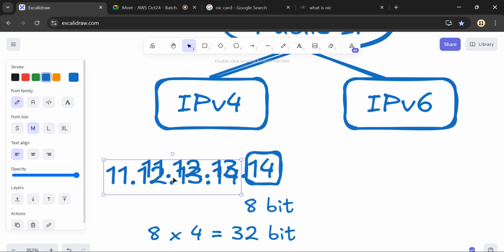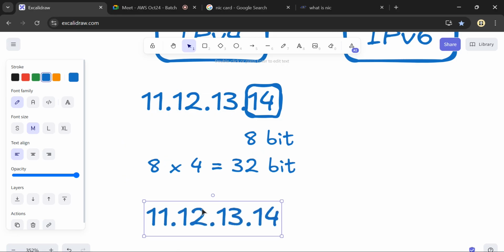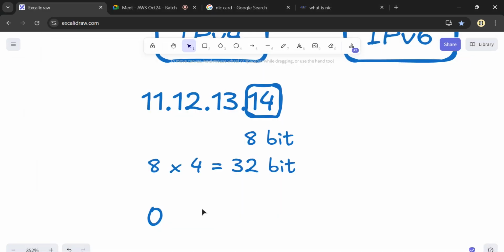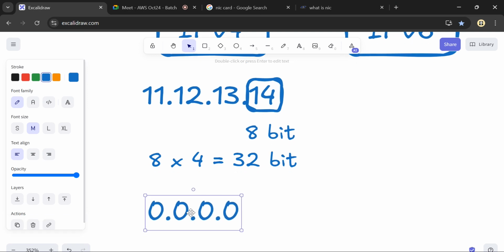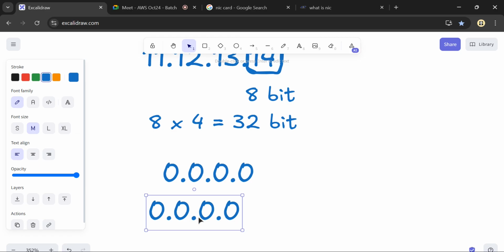The number starts from this number, which is accessible to all, and it ends with this number.